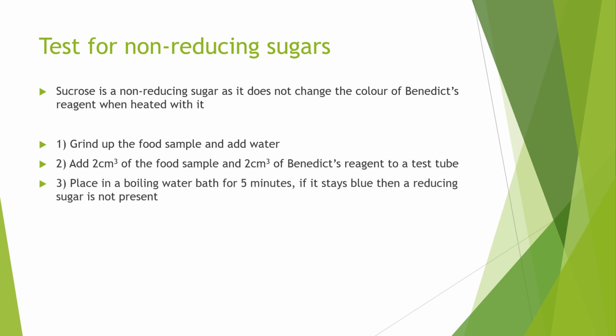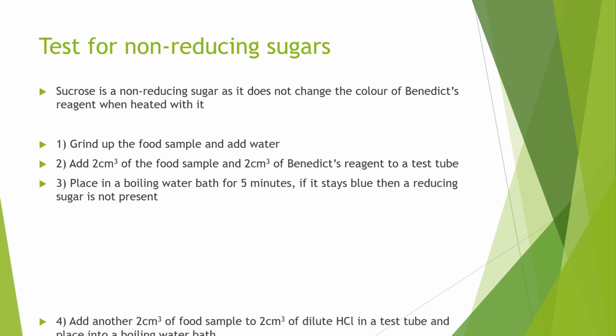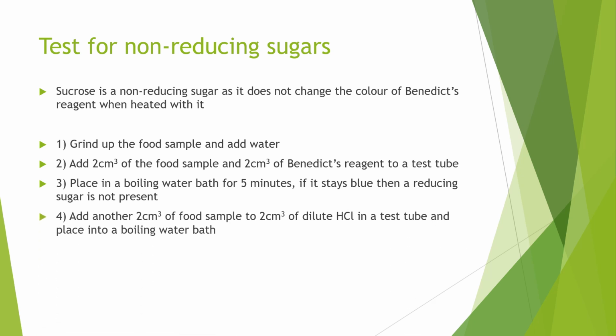If it stays blue, we know that a reducing sugar is not present. Then we take another 2 cm³ of the food sample and add 2 cm³ of dilute hydrochloric acid to break down any non-reducing sugars. We then place this mixture in a boiling water bath and slowly add sodium hydrogen carbonate to neutralize the hydrochloric acid.